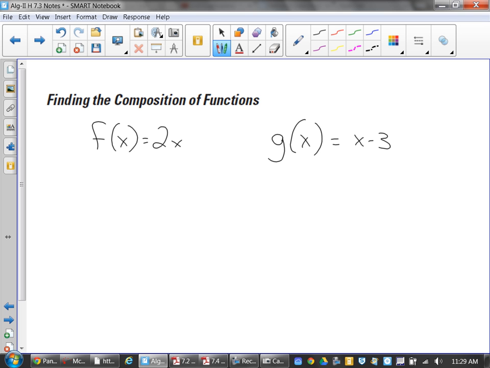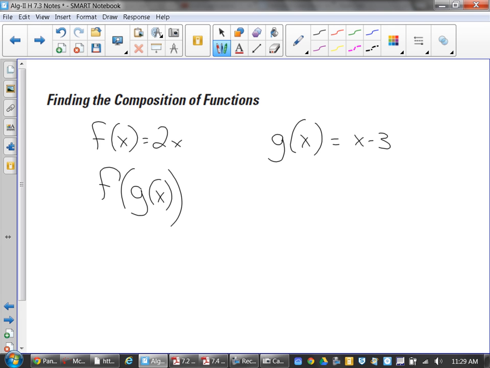Let's go back to something very, very easy. Let's look at something that's linear. And I'm going to talk about the composition. Composition of functions is just the molding of two functions together. And it looks like this. F of g of x.